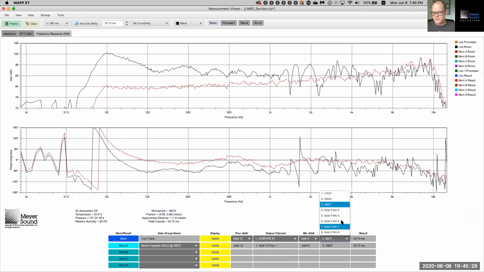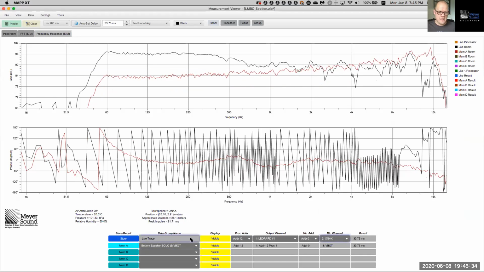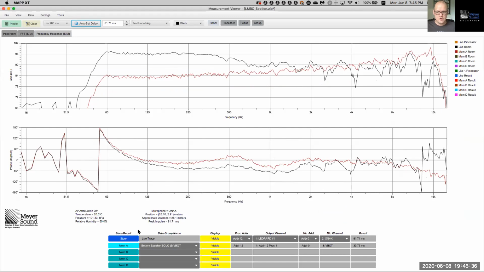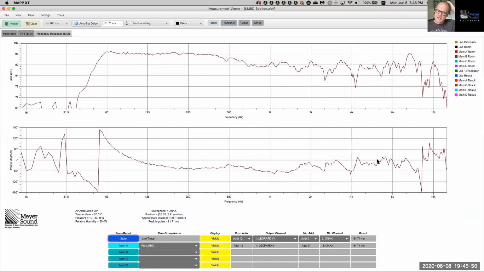So let's go to the microphone, which is on axis, and let's get a picture of the array, set our delay, store this. And let's call this pre-LMBC, and let's put that in memory A. So that's what the array looks like without LMBC.